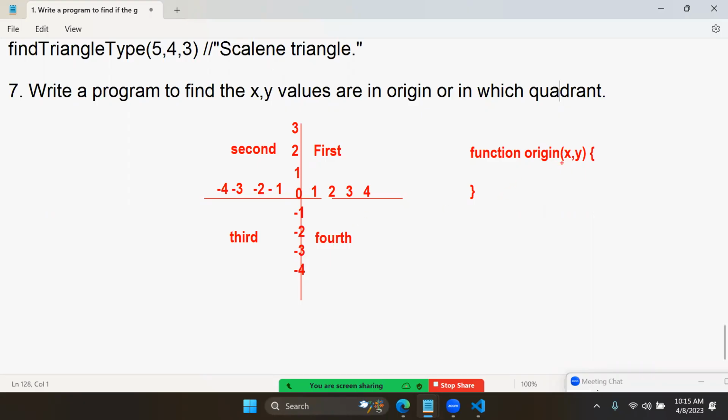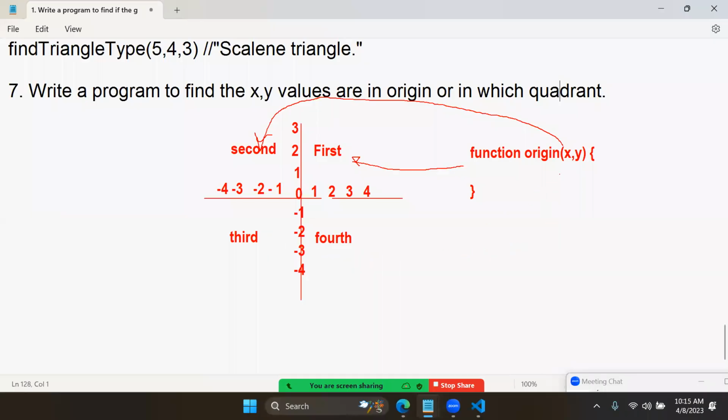When the xy value is passed, if the value is between this range, then it should say second. If the value is within this range, it should say first. If the value of x and y is within this range, then it should say third.